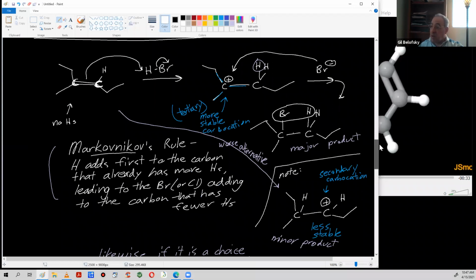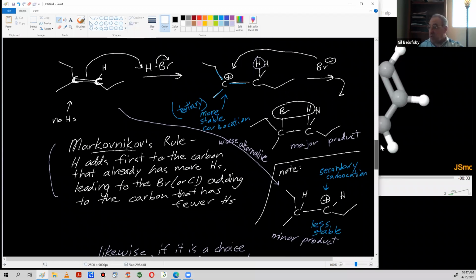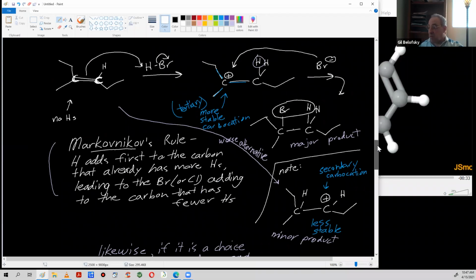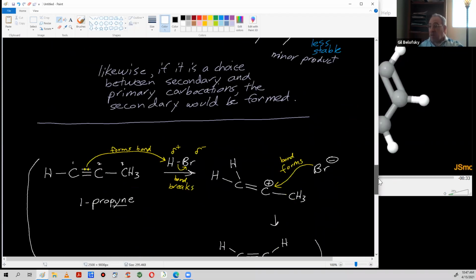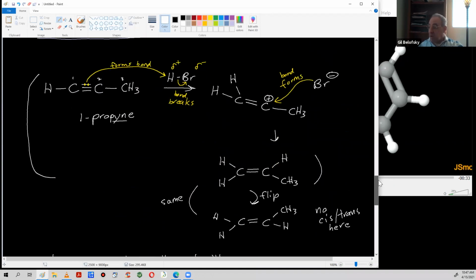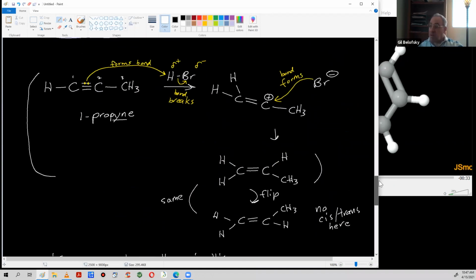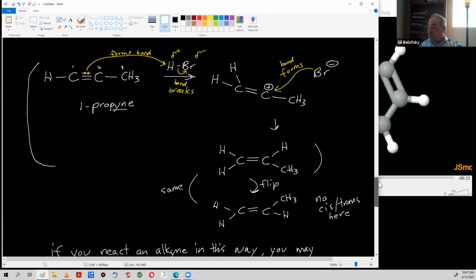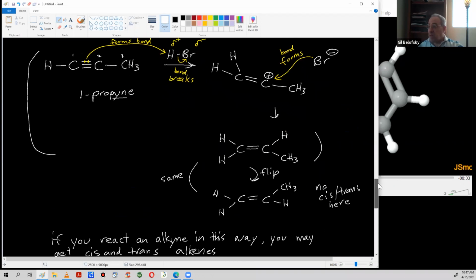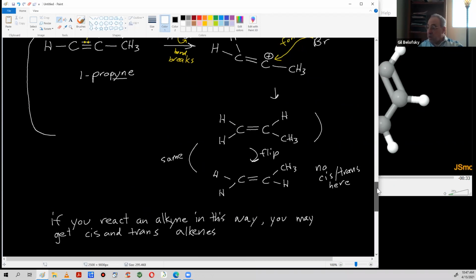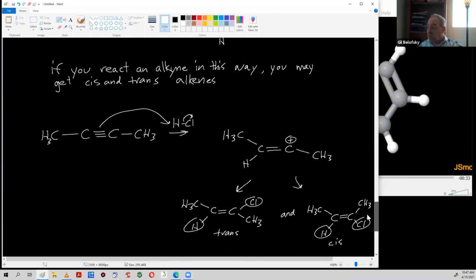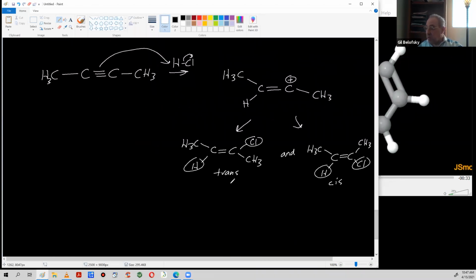When they have different things attached, there's a new trend described by Markovnikov's rule. Then I say, well, what if it was an alkyne instead of an alkene? I think I know enough to predict how that's going to go. It's going to leave an alkene product in the end. And then I say, what if the alkene was like this? Would that lead to cis and trans? Yes, it would.